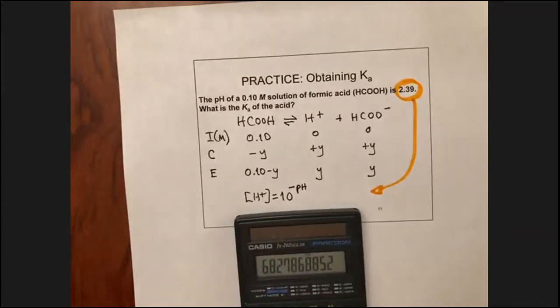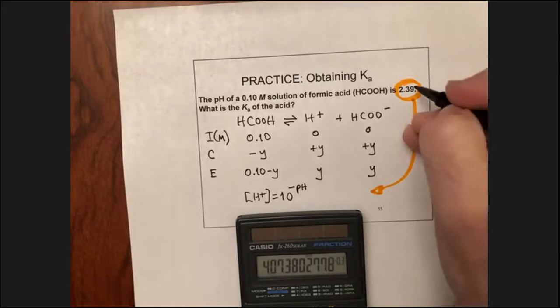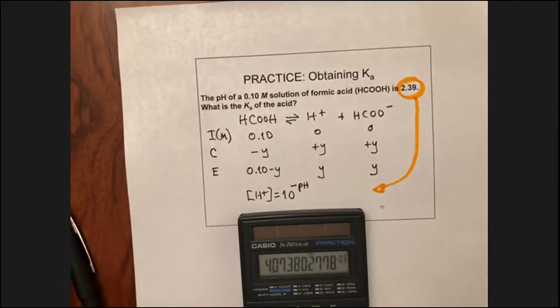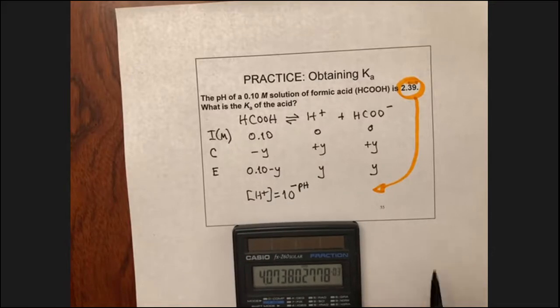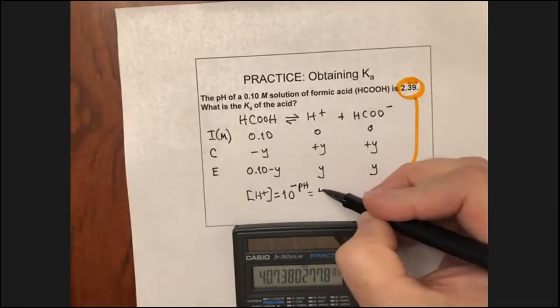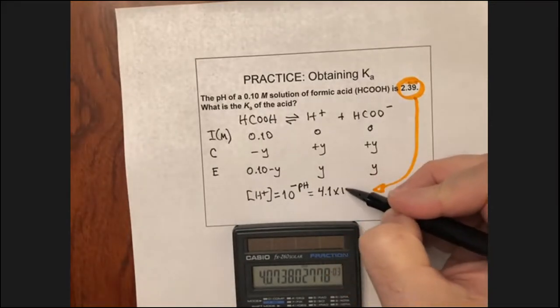Again, you'll have to figure out how your calculator works. I'm going to put in 2.39, negative of that, and then 10 to the that, and I get 4.07. Since the pH here has 2 decimals, that means 2 significant figures. So the concentration of hydrogen ions would be 4.1 times 10 to the negative 3.